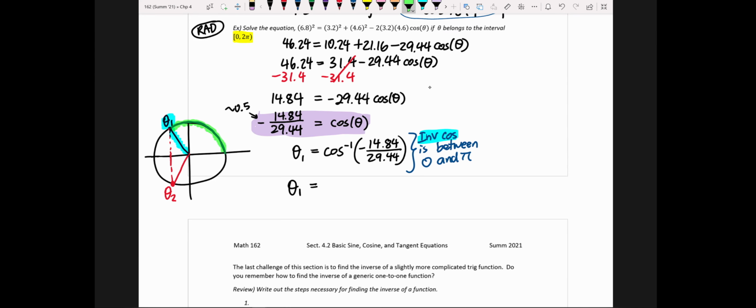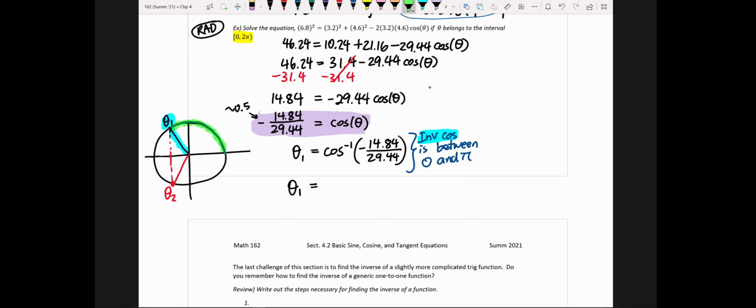Subtract 270? Not quite. Remember, we're in radians. If we did 180 or pi minus theta 1, that wouldn't land us in quadrant 3.